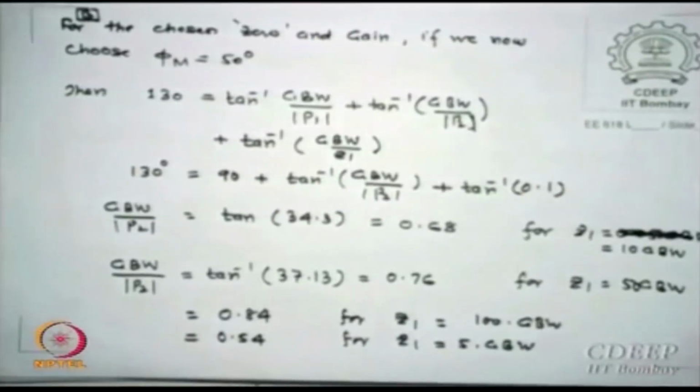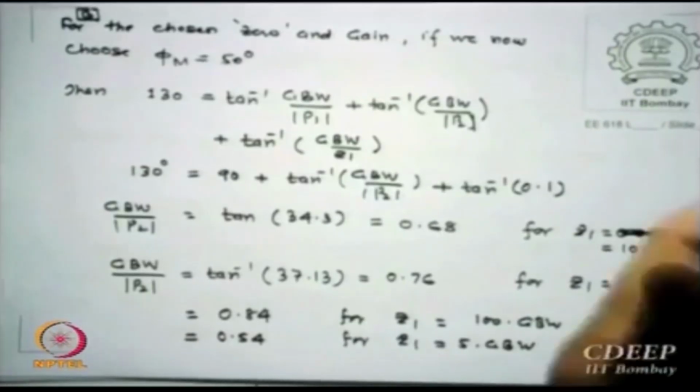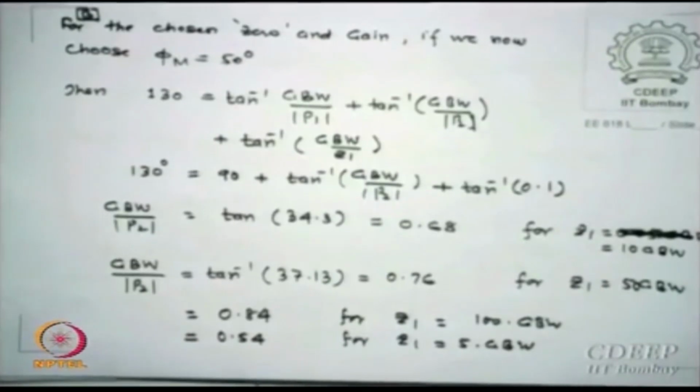So correspondingly I can calculate the value of P2 for this phase margin for 5 values of Z1, Z2, Z3, Z4, Z5. So I did it for 60 degree, I am showing you for 50 degree, and finally I will do it for 70 degree.